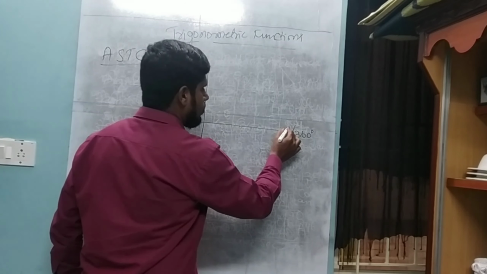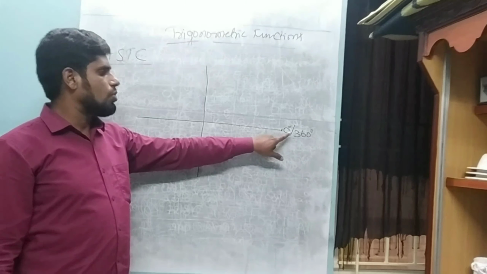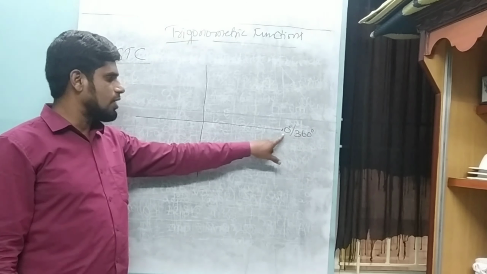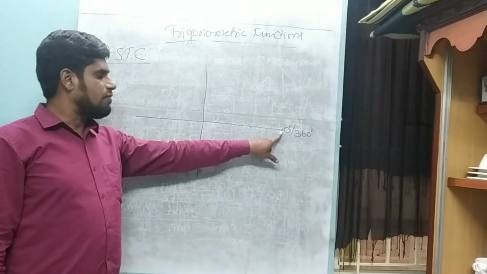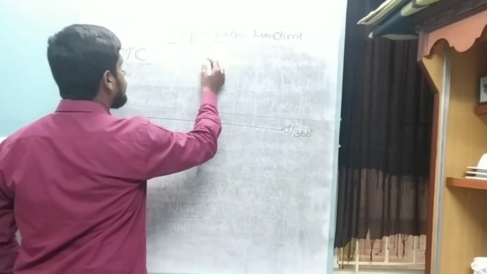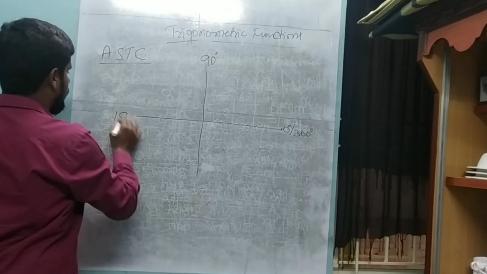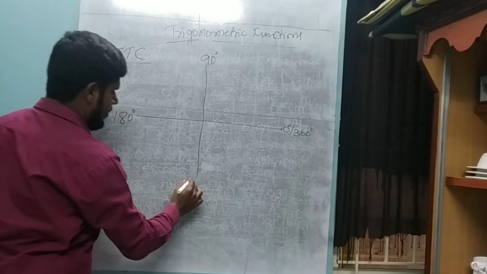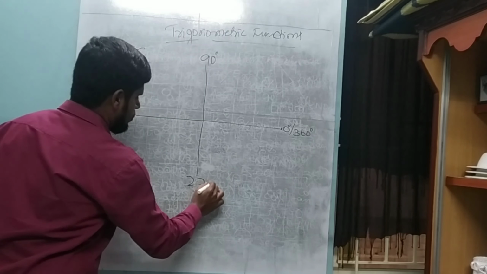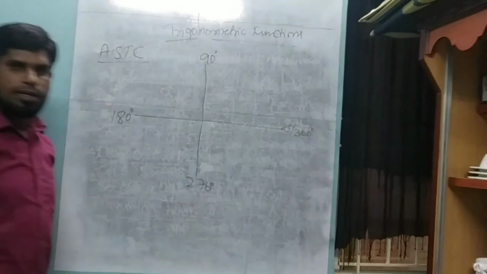So you can call this point 0 degree or 360 degree, because in a circle the initial and final points are the same. So this is 90 degree, this is 180 degree, and this is 270 degree. Of course it is 360 degree.